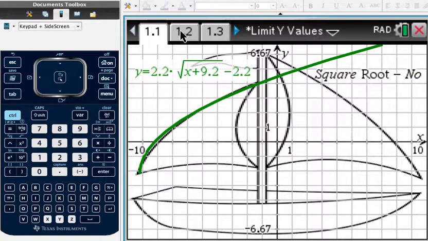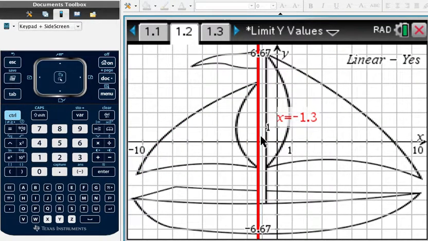Some of the ones that you can limit your y value on are linear equations. So with this one, I just want to graph the main, what is that pole on the ship? The mast pole? I don't know, whatever it's called. Sorry. I want to limit it both at the top and at the bottom here.